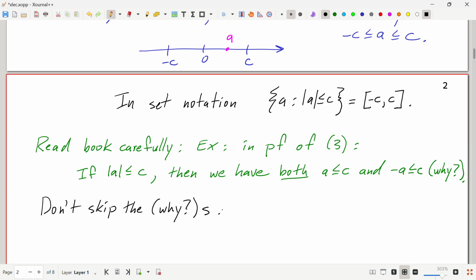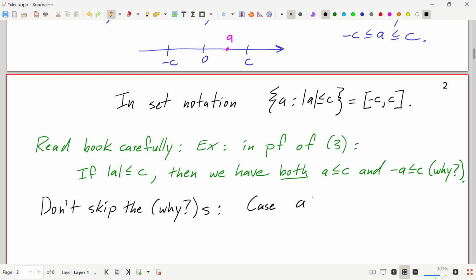Oh, let's see. How do you see that? If the absolute value of A is less than or equal to C, then we have both those things. So you have to convince yourself why, you'd have to go through cases. Case A. Why don't I do two cases at once?